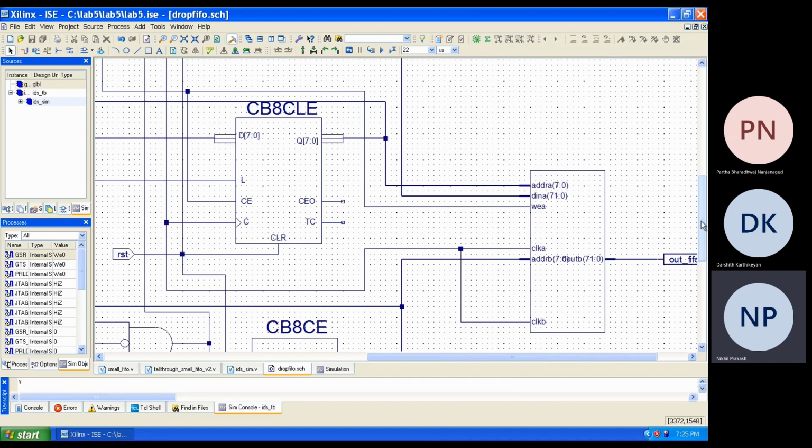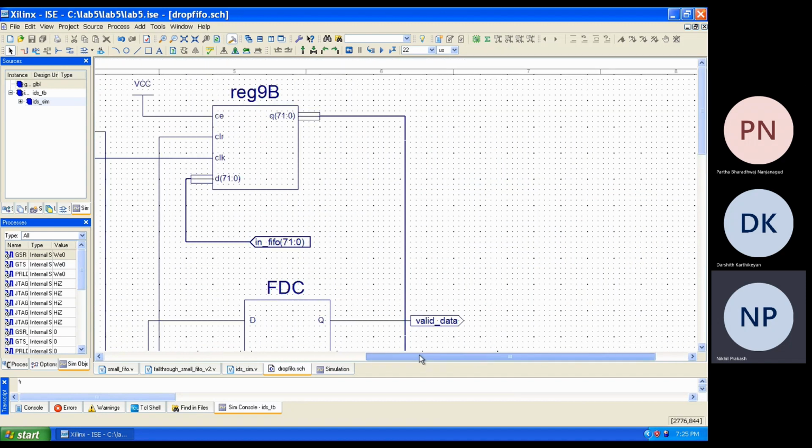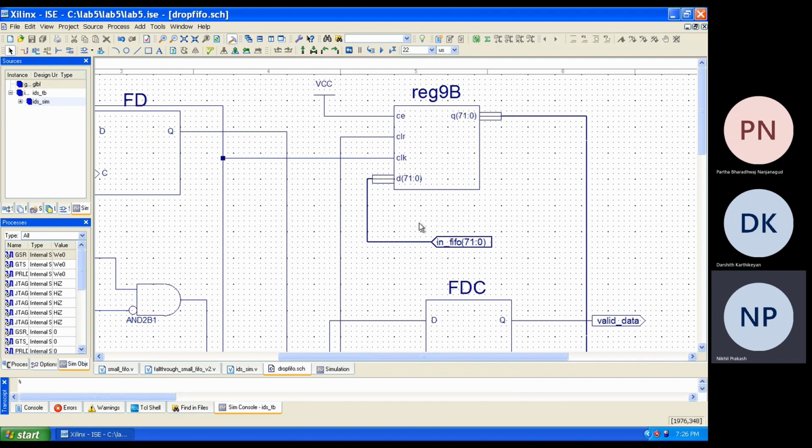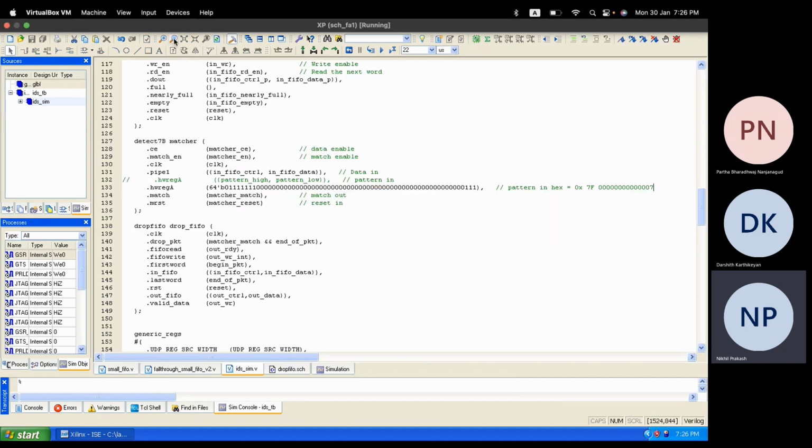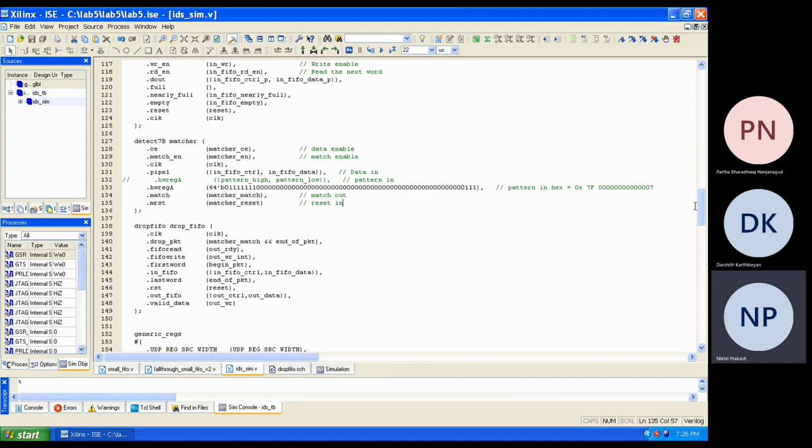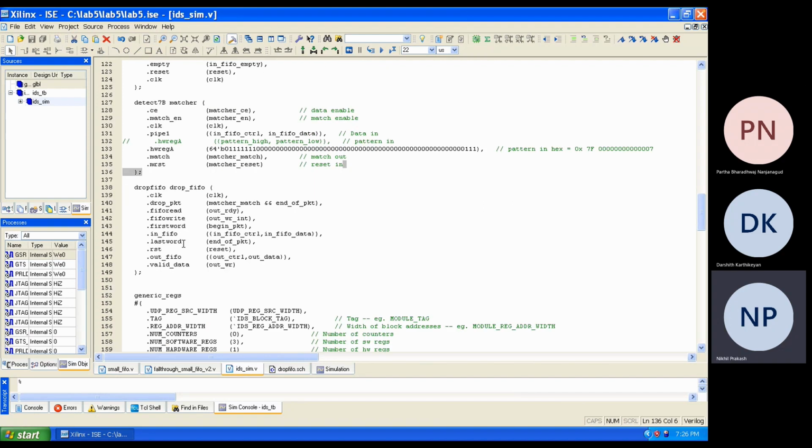Let's look at where the data is coming from. You see a 9-byte register here. We're giving an input called in_54. If you look at the generated Verilog file, you can see where it's coming from. For in54, we are giving in54_control and in54_data.